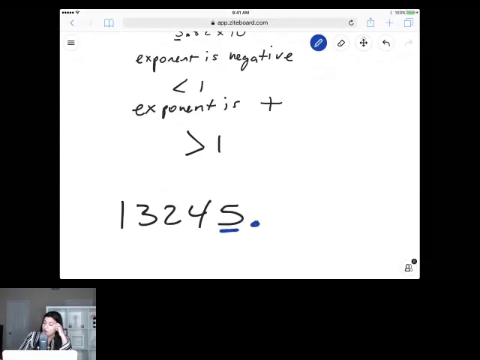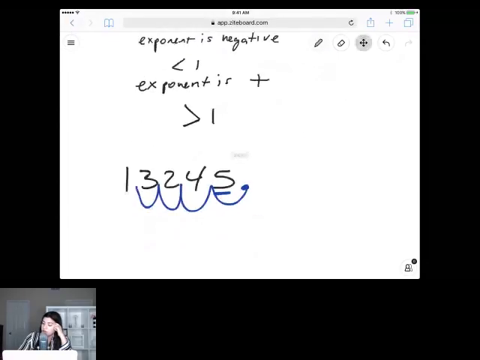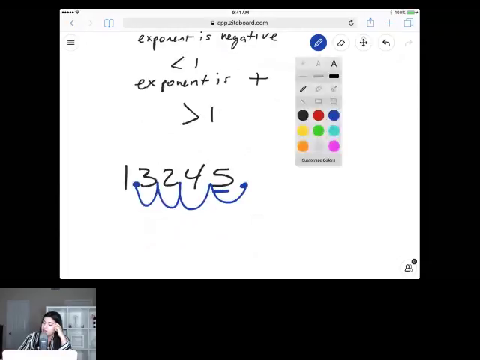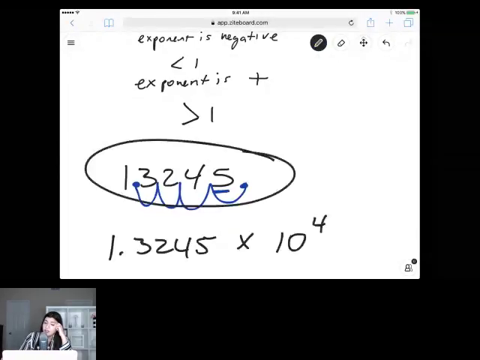Moving this over 1, 2, 3, 4, I'll place the decimal there. So it would have been 1.3245 times 10 to the positive fourth, since we started off with a very, very large number.